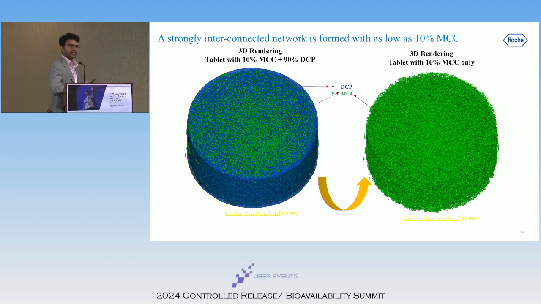To really appreciate the intricate network formed by MCC, we carefully removed or peeled off the DCP region from the tablet. And what we see on the right is the tablet containing just 100% MCC. And even with 10% MCC, we see this incredible interconnectivity, and that is attributed to its low density.